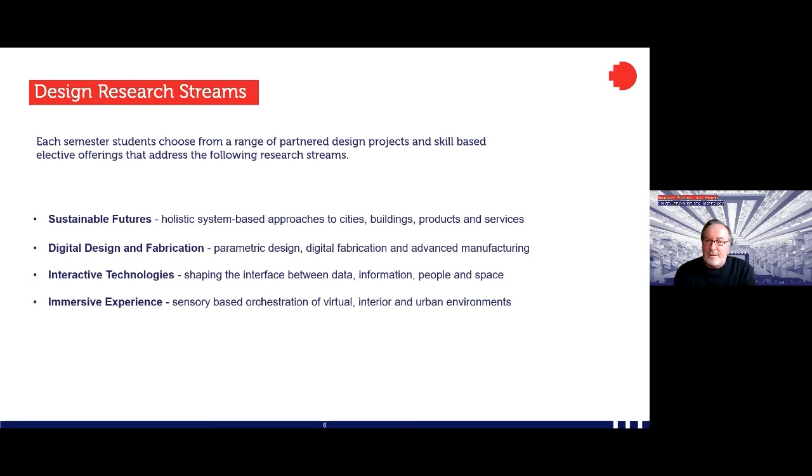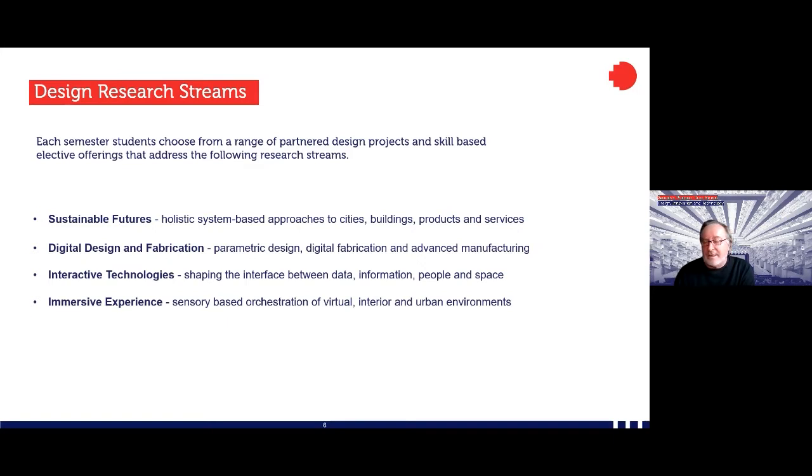Okay, so the way that we think about the two courses is through these design research streams, and they shape the activities of both the teachers and the students. We've honed it down to 4 research streams. They are sustainable futures, which are holistic system-based approaches to cities, buildings, products and services.